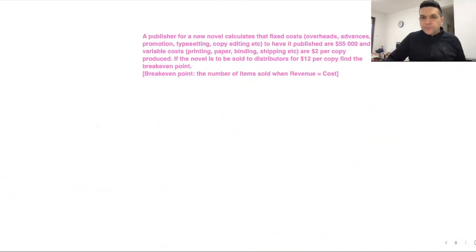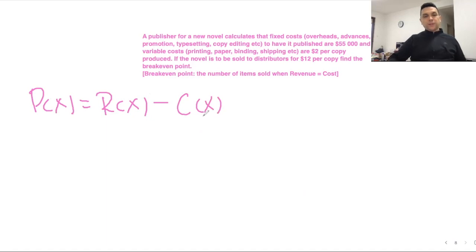Okay. Next, a publisher for a new novel calculates that fixed costs, overheads, advances, promotion, typesetting, copy editing, etc., to have it published are 55,000. So before I dive into this, you have to remember: profit for a company equals how much they make per sale in total sales minus the costs that they have.